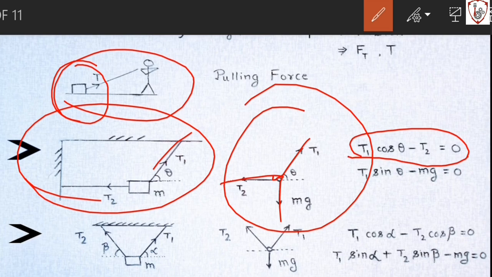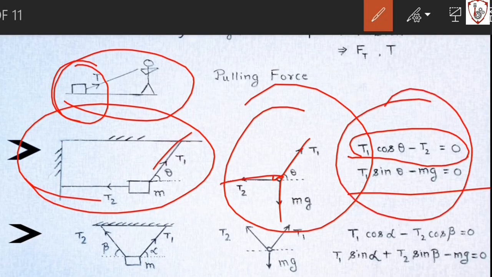First equation. In the y direction, T1 sin theta minus mg is equal to 0, right? These are the only two equations that we will be able to draw from Newton's law. Clear so far? This makes the problem simple. Now whatever things are asked, T1, T2, we will be able to solve by these two equations.